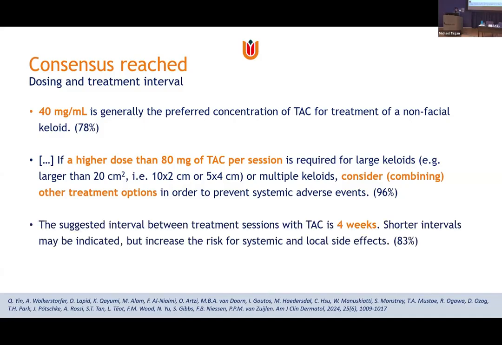The suggested interval between treatment sessions with triamcinolone is 4 weeks. Shorter intervals may be indicated, but increase the risk for systemic and local side effects. And for children, dose reduction according to weight is recommended.